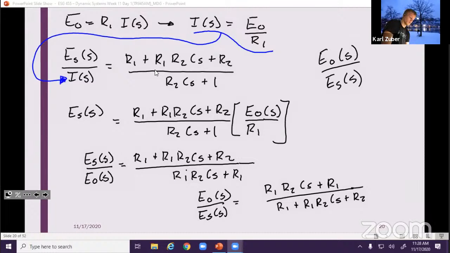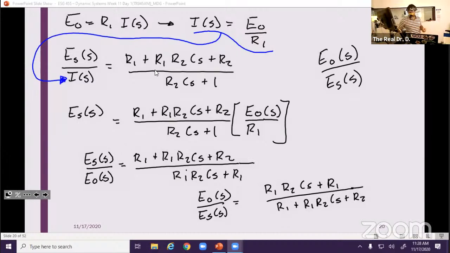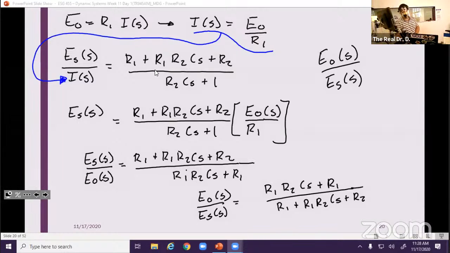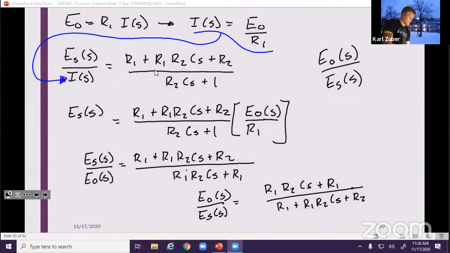I know we didn't actually use any Laplace, but I'm just a bit confused on what the S is. Is it the Laplace variable? Carl, all of this is in Laplace. We didn't explicitly do the Laplace transform of anything, but because we're using impedance, you're automatically in the Laplace domain. Oh, okay.